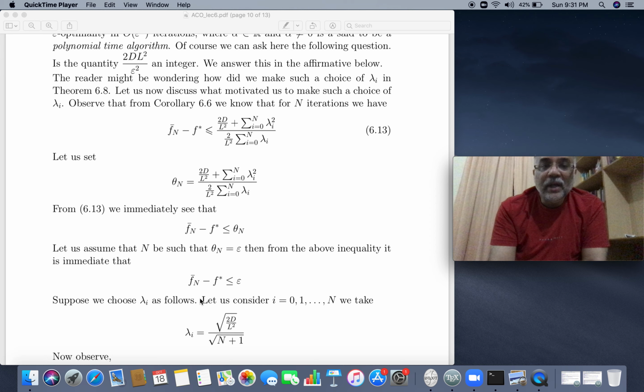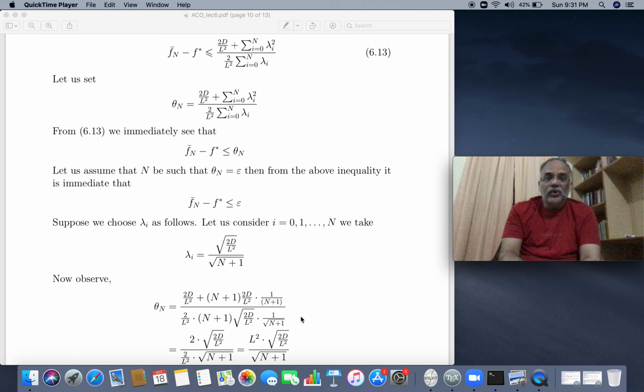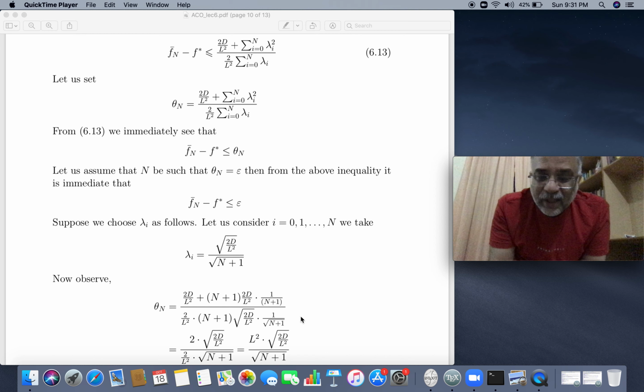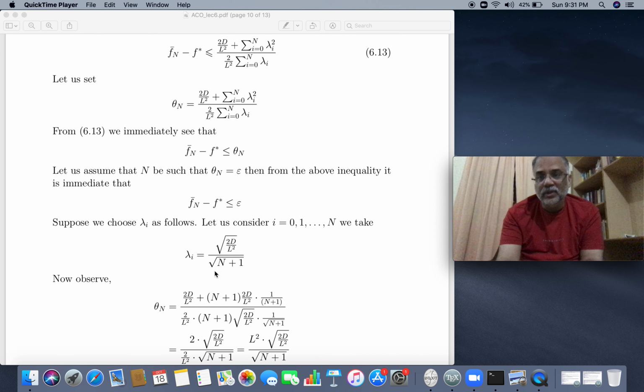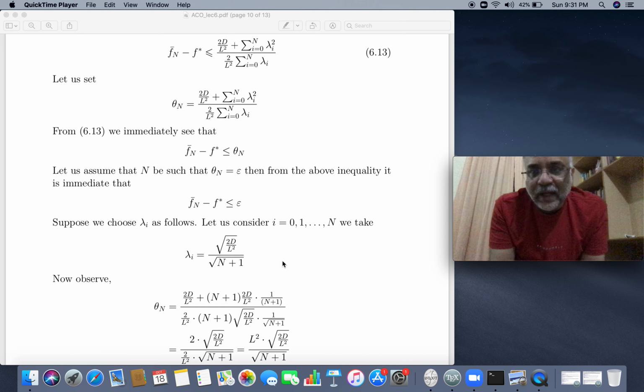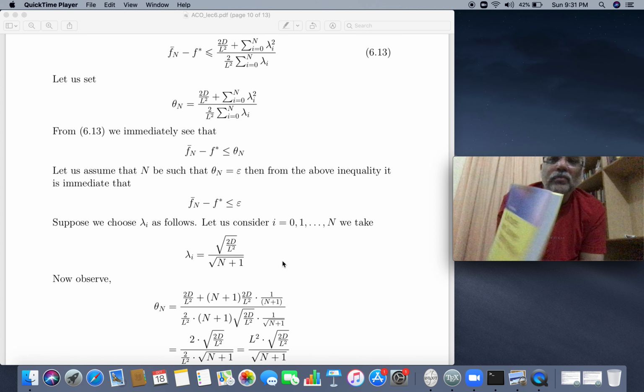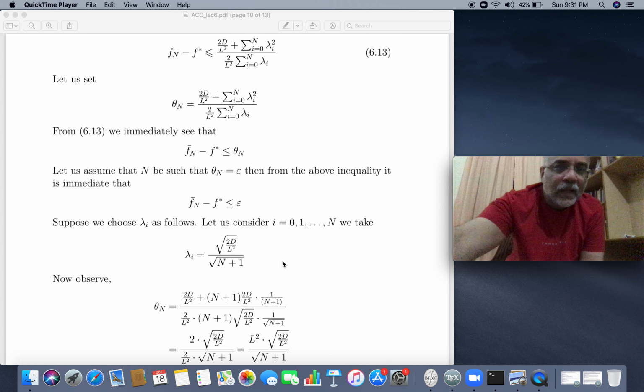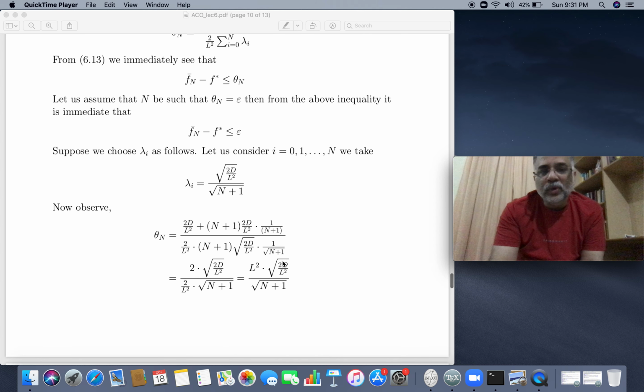So I'll choose lambda in this fashion, which is root over 2d by L square by root over n plus 1. This root over n plus 1 is a crucial thing, and this idea I got from Nesterov's book, page number 203. Now theta n, when you compute, takes a form like this: L square into root 2d by L square divided by root n plus 1.